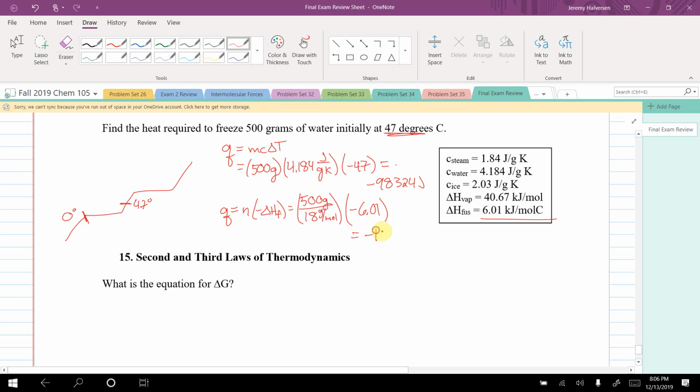Equals negative 166.9 kilojoules. Did I do something wrong? Oh, yeah. So then my Q is going to equal 98.324 kilojoules minus 166.9 kilojoules.